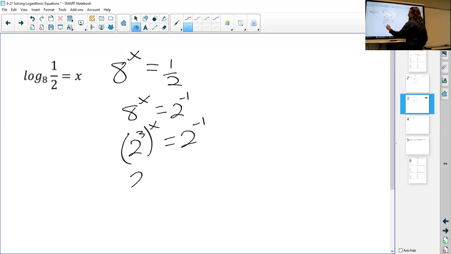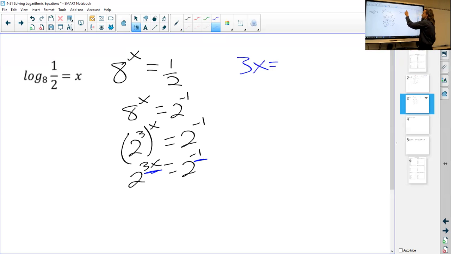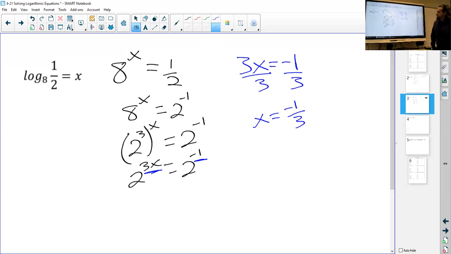So this becomes 2 to the 3x equals 2 to the negative 1st. And once we have the same base, we can say that 3x must equal -1. If we divide both sides by 3, we get x equals -1/3.